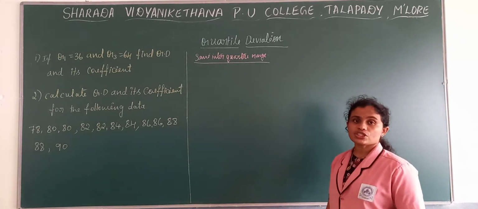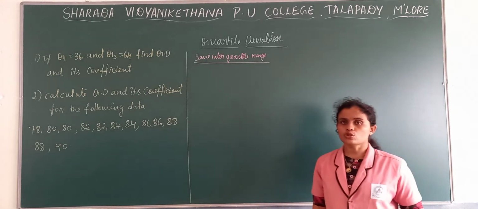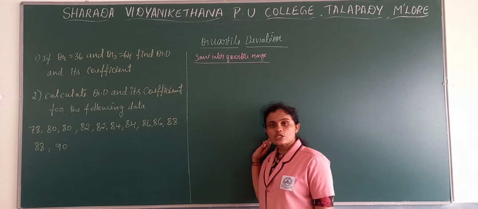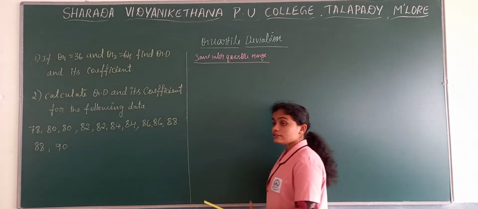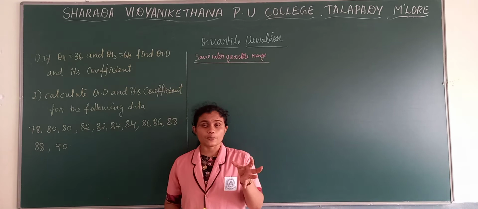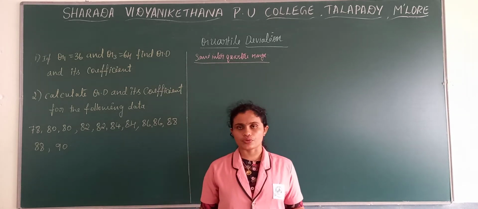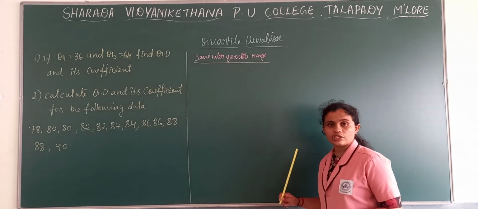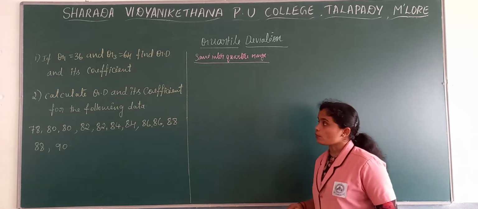So the quartile deviation formula is (Q3 minus Q1) divided by 2, and the coefficient of quartile deviation is (Q3 minus Q1) divided by (Q3 plus Q1). In the last part we studied how to find quartiles, that is Q1, Q2, Q3. So we use that here to find Q3, Q1, Q2. Now we will move towards the first problem.